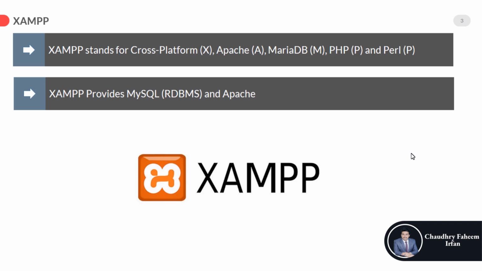Frequently used operations like managing databases can be performed using the user interface, while you still have the ability to directly execute any SQL statement. Xampp provides MySQL, an RDBMS, and Apache.